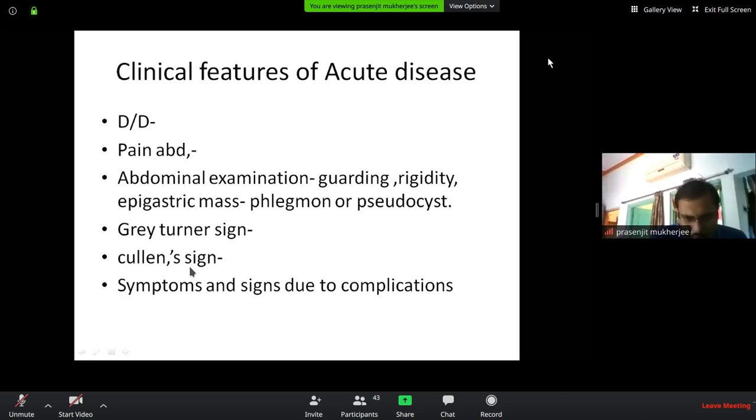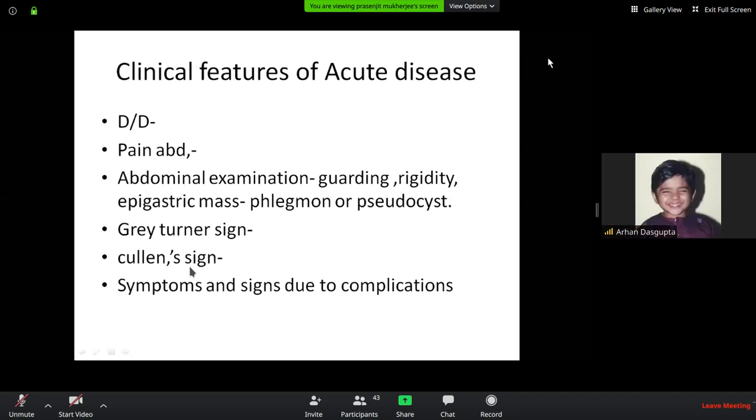Cullen's sign is the same; actually the pathophysiology is the same. Retroperitoneal hemorrhage, and blood ultimately trickles through the retroperitoneal space and comes to the umbilical region. This is called Cullen's sign. Here there is discoloration of the umbilicus and paraumbilical tissues.